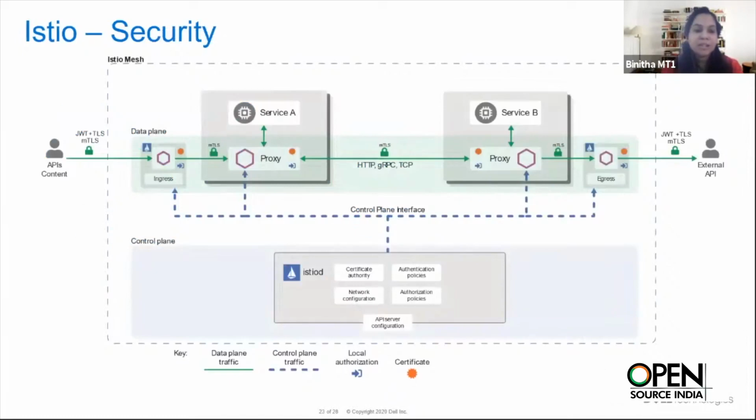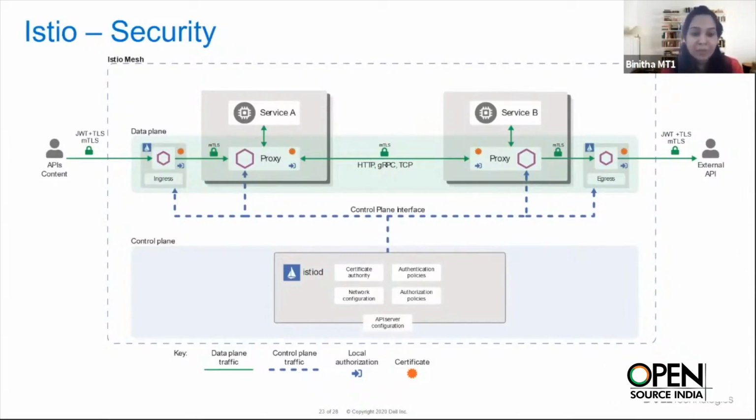So this is the high level architecture of how Istio security works. If you see, there are multiple components in this diagram. The first one I would like to mention is the certificate authority. The certificate authority is the one that sits under these proxies, and this is mainly important for your key and certificate management.